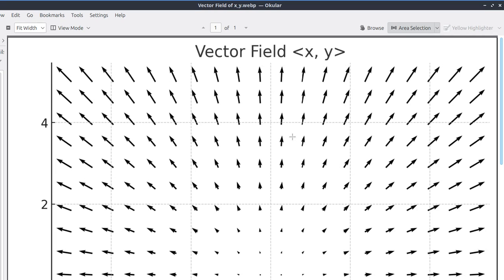What happens? As you move to the center, x gets smaller. So the horizontal distance, going left or right, is small, but y gets larger and larger. So these vectors get steeper and steeper. So the gradient is more than 1.